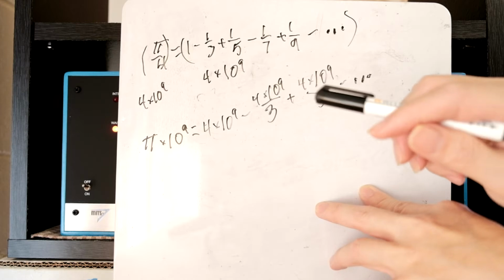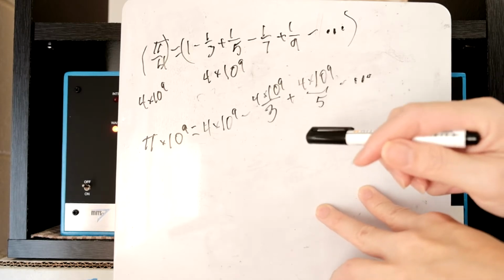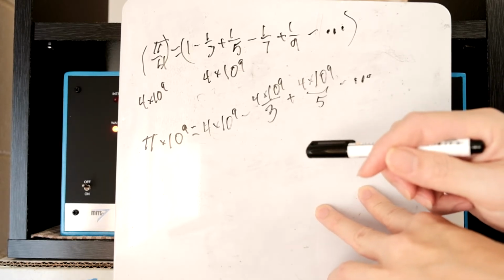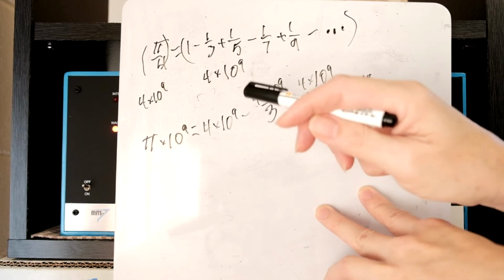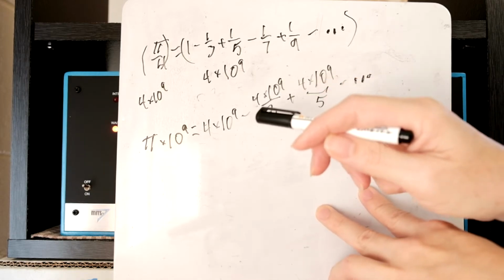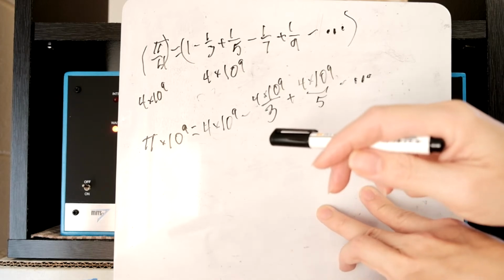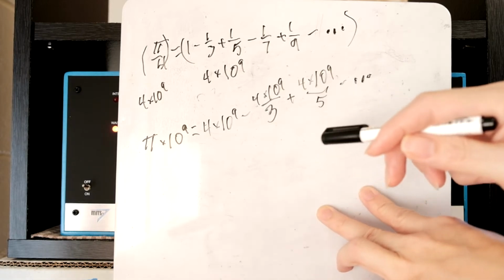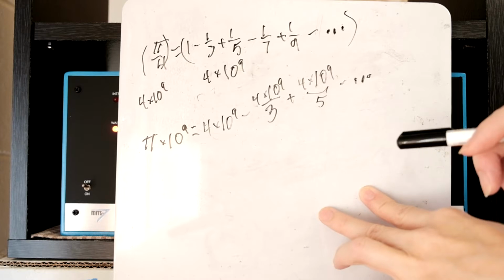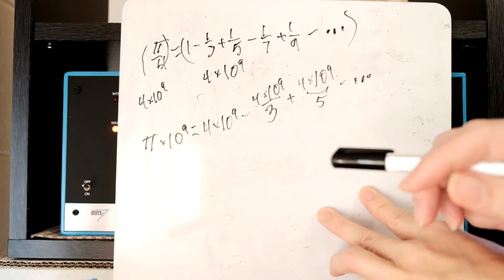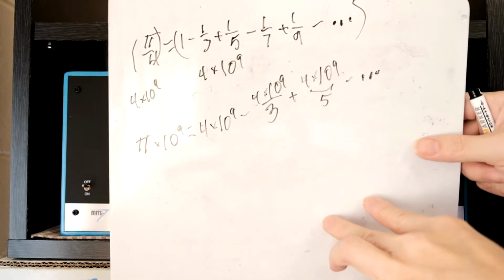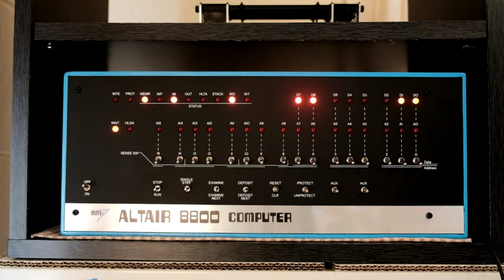This formula is not the most efficient way to calculate pi, but it made it easier to program. And the resulting code is under 256 bytes. This computer will calculate about 60 terms per second, or about 250,000 per hour.